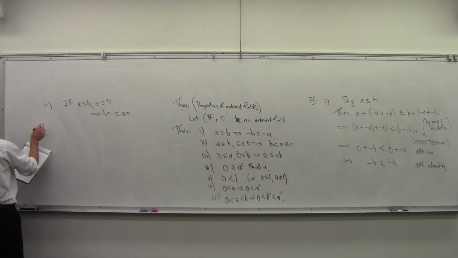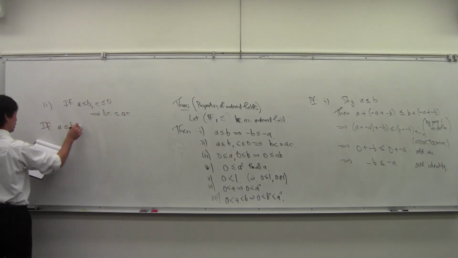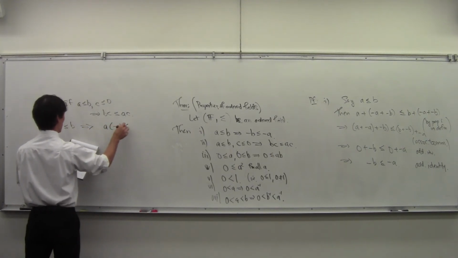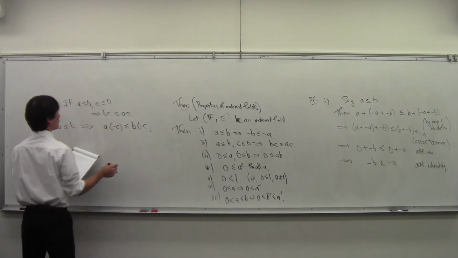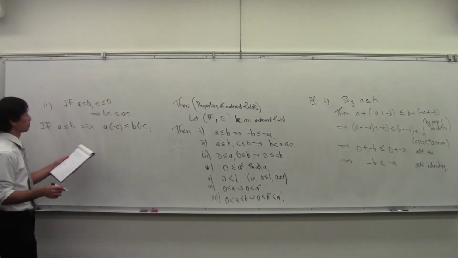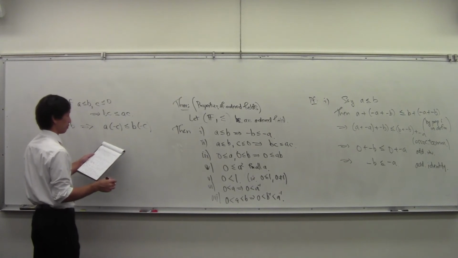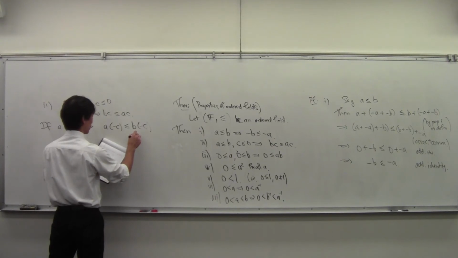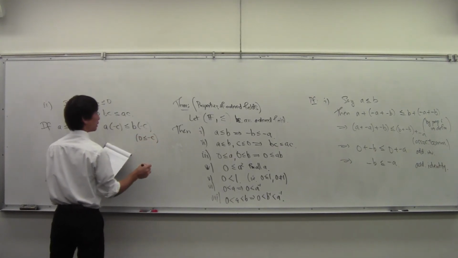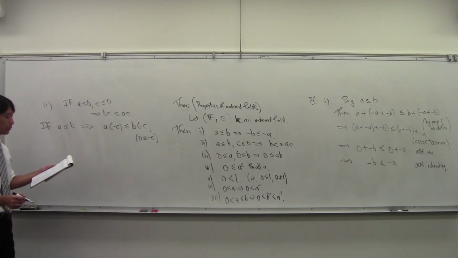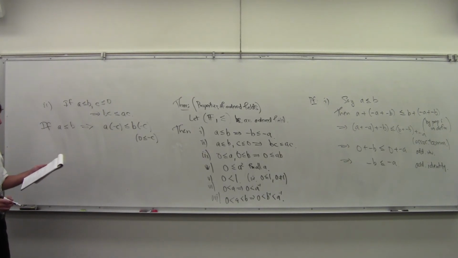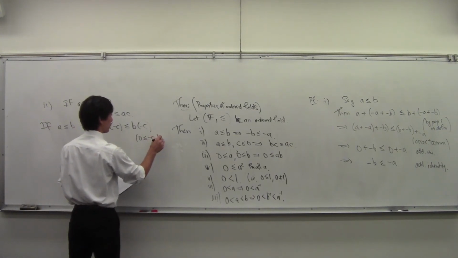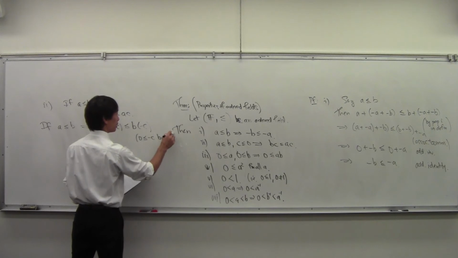Well, if A is less than or equal to B, then A times negative C is less than or equal to B times negative C, because 0 is less than or equal to negative C by part 1.